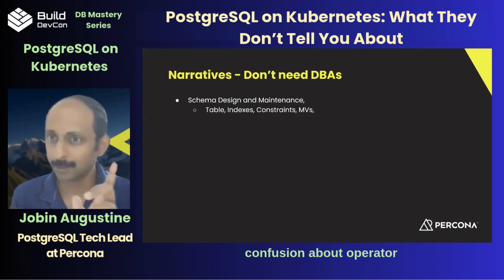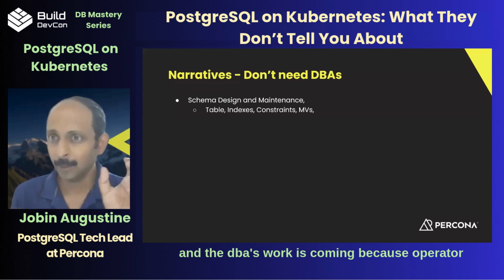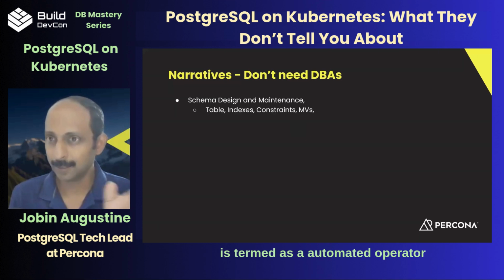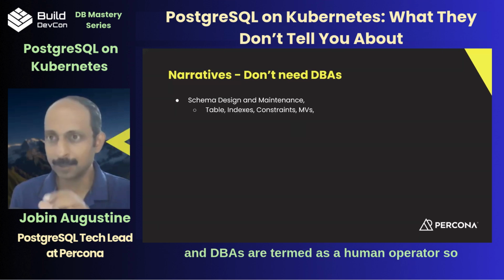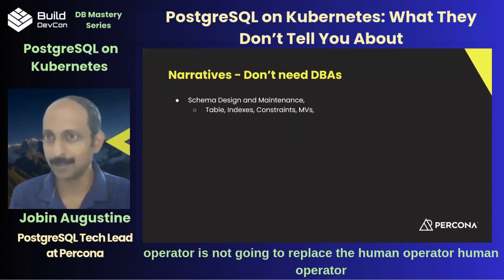The confusion about the operator and the DBA's work is coming because the operator is termed an automated operator, and DBAs are termed human operators. So the automation of the operator, the Kubernetes operator, is not going to replace the human operator.